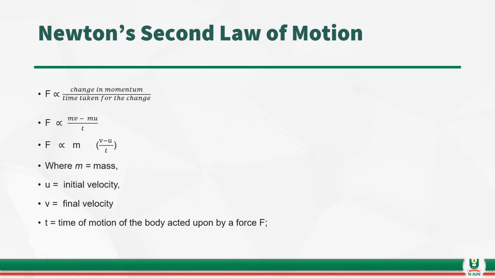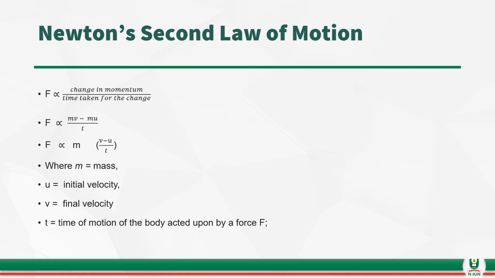So we have the difference between the initial momentum and the final momentum, all over t. Remember that what we want to derive from here is how force is equal to mass times acceleration, and we are deriving this from Newton's second law of motion, which says that the rate of change of momentum is proportional to the impressed force.